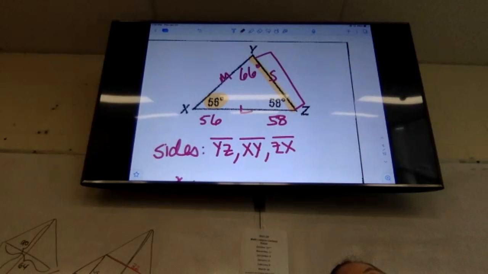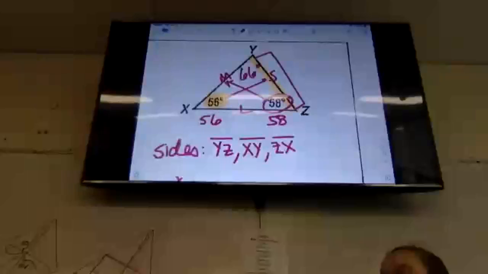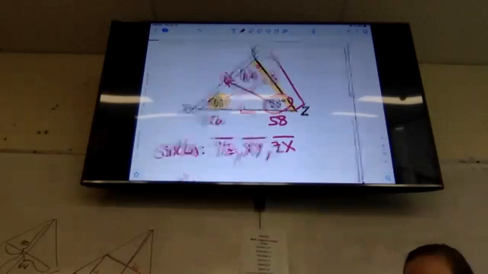So how do you know X, Y, Z, X? Same thing. Since 56 was the smallest angle, that means its opposite side is the smallest. The next smallest angle, the medium angle, is 58 at angle Z. So that means the side opposite it, XY, is my medium side. Opposite side.